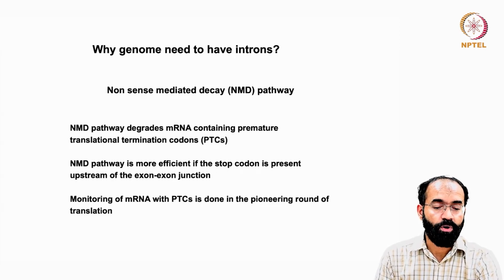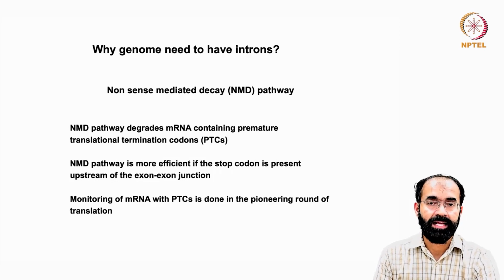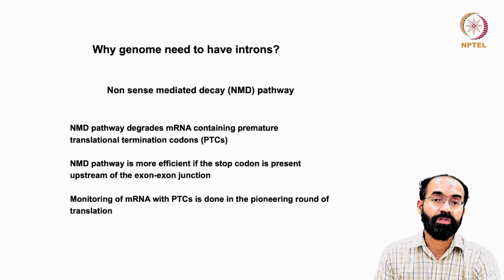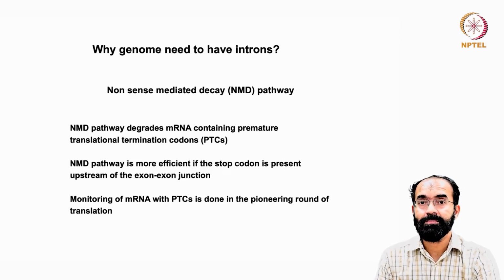We will see. Monitoring of mRNA with premature termination codons is done in the pioneering round of translation. That means when the RNA is translated for the first time, of course a defective protein is formed in that one round. Then the system has to recognize that there is a stop codon.